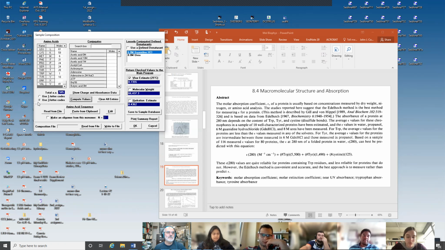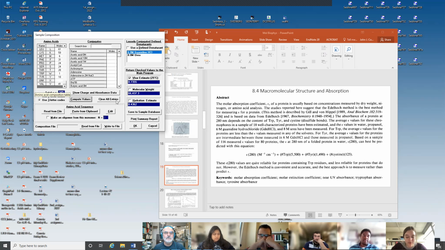When you read these sequences in, you can read them in 1-letter or 3-letter codes. There are 585 amino acids in this protein. If you add up all of those amino acids, correcting for the peptide bond, the molecular weight of human serum albumin is 66,437. So that's the number that we use for the molecular weight of human serum albumin.